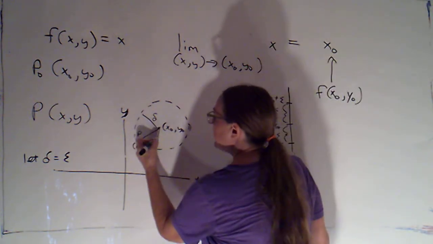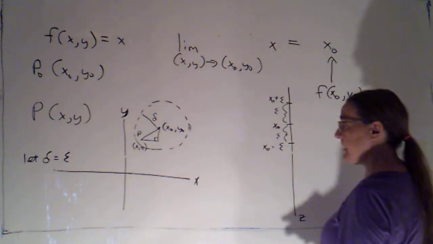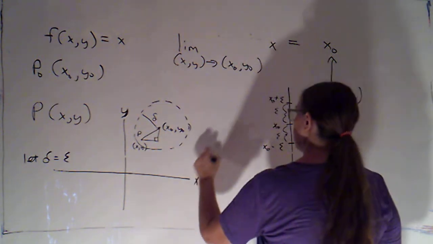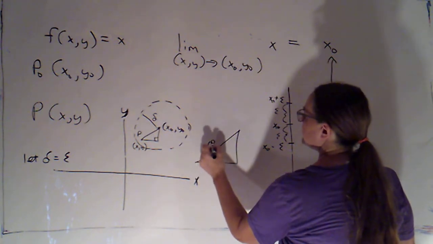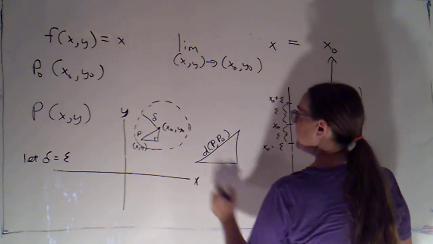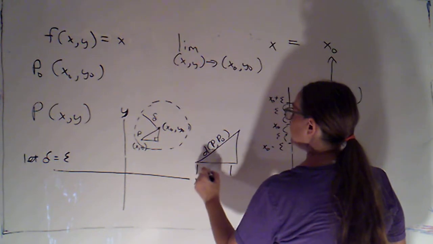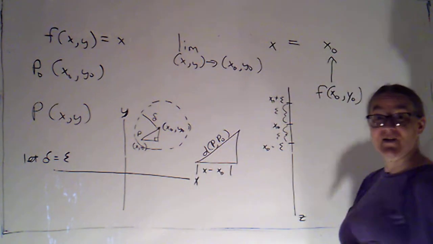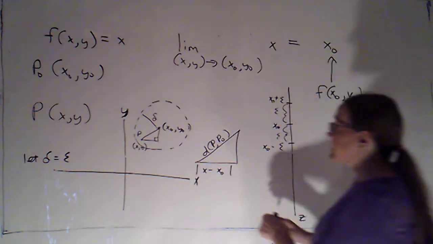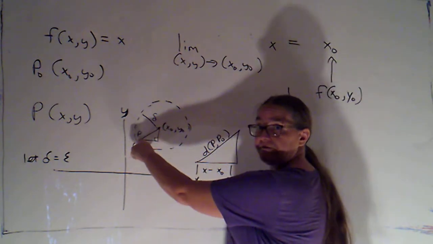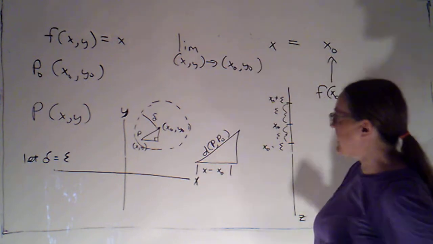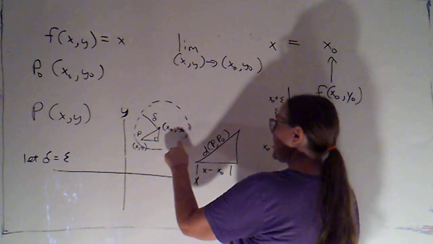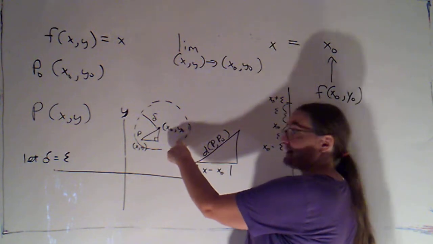But if I draw in the legs of a right triangle, now I'm just going to draw a slightly bigger version of that here. This is the distance between P and P naught. This would be the absolute value of x minus x naught. Okay. Now, as I've drawn it, this point is to the left and below this point. But notice I put the absolute values here. So I could have put the point over here to the right. That doesn't make any difference.